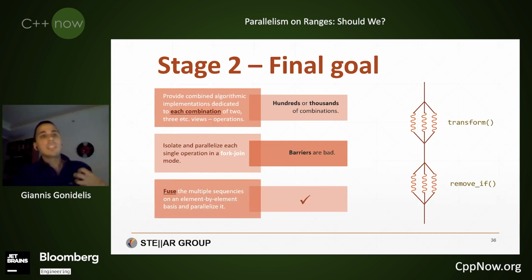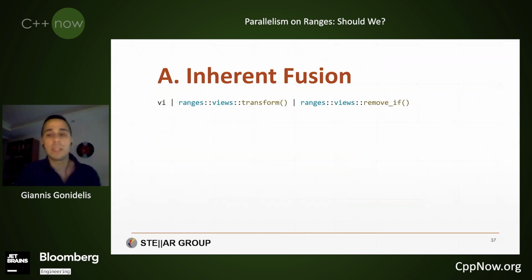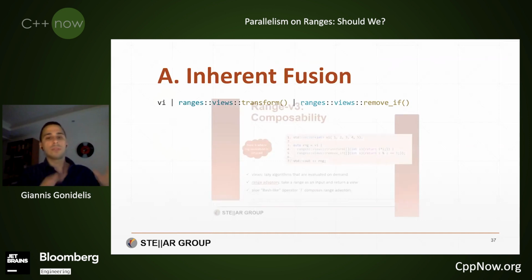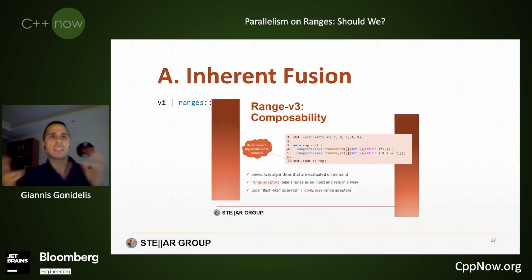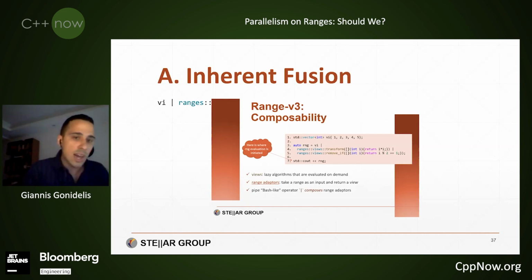What range v3 actually gives to us is a fusion of those operations. I don't know if I'm making sense. So let me demonstrate how this fusion is achieved. I previously talked about how range v3 has those three great basic assets: views, range adapters, pipes. Those all are great.